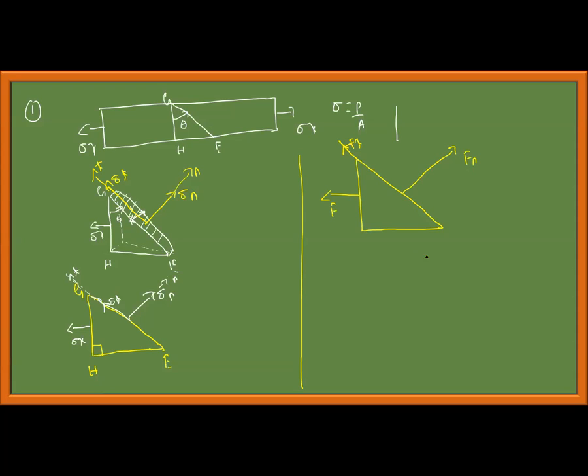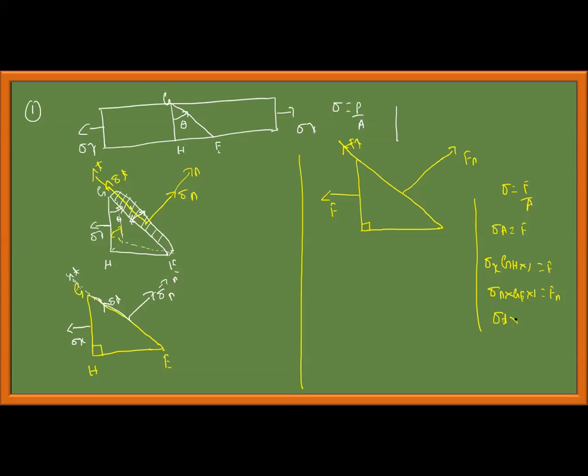This is 90 degrees. Next, see, I can write sigma is equal to F by A or P by A. Sigma into A is equal to F. So this sigma x into area GH into 1 unit gives your F. Similarly, Fn is equal to sigma n into that area GE into 1, which is Fn.